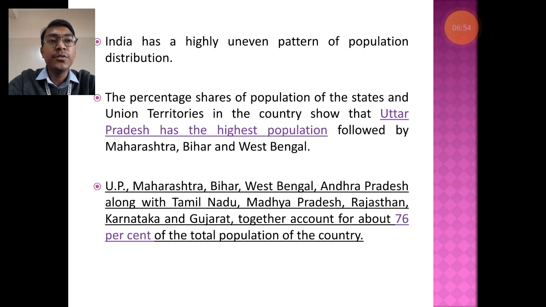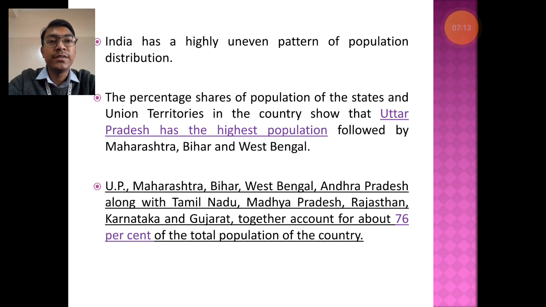Here you can see that Uttar Pradesh, Maharashtra, Bihar, West Bengal, Andhra Pradesh, along with Tamil Nadu, Madhya Pradesh, Rajasthan, Karnataka, and Gujarat, these ten states together account for 76% of the total population of the country.